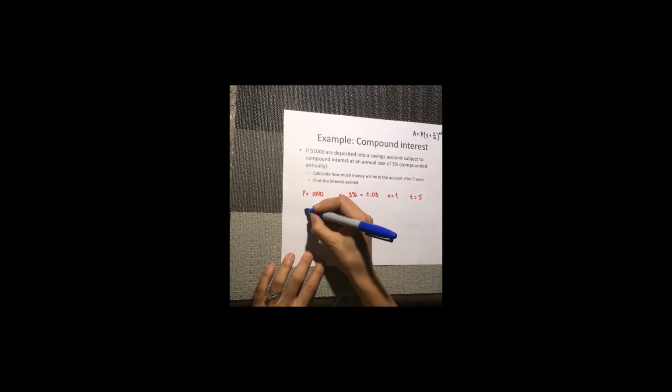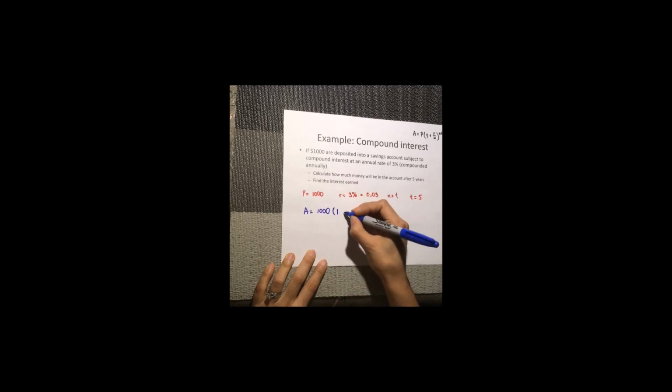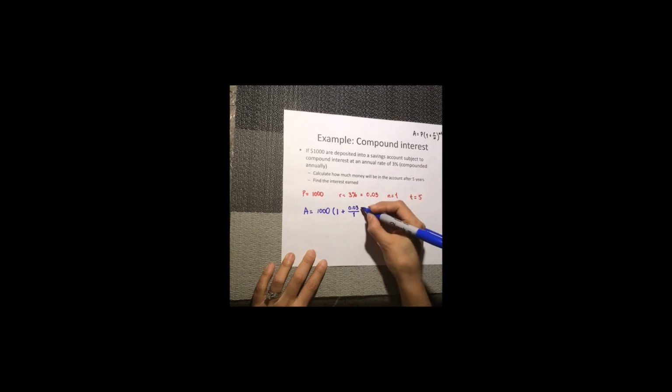After we have identified everything, comes the easy part, which is substituting into our formula to get the final amount. So A is equal to, first the principal, times 1 plus the rate, 0.03, divided by 1. We said that n is equal to 1 because we're compounding annually.